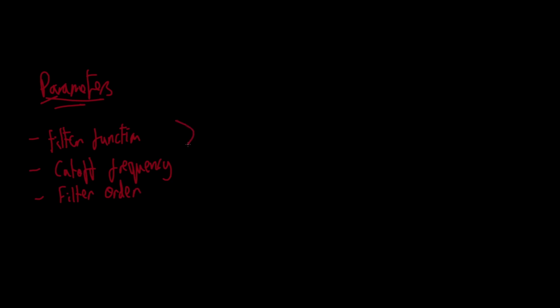These three are the most fundamental filter parameters, the most basic ones, easiest to understand. The more advanced parameters we will look at later in the course, but I don't want to overcomplicate things, so let's look at the basics.